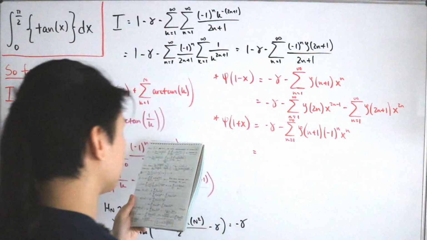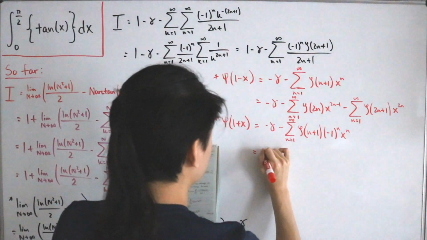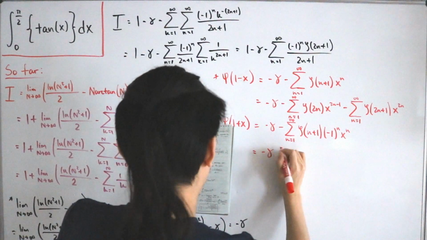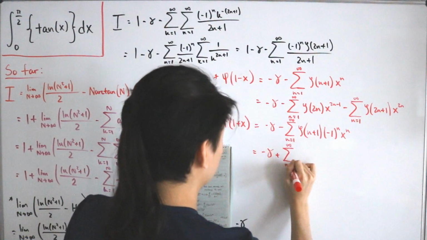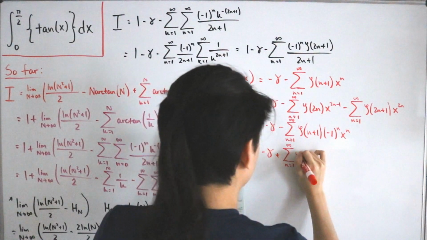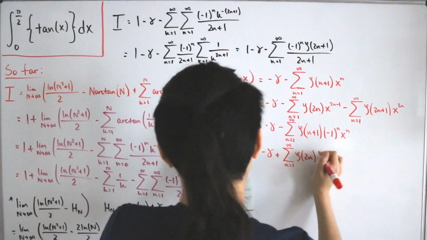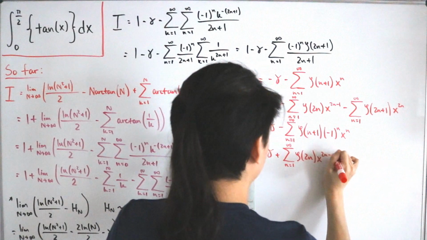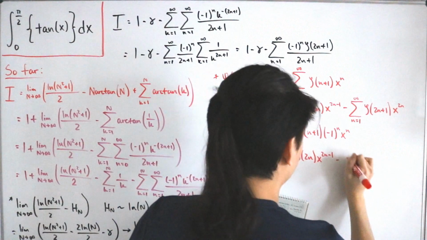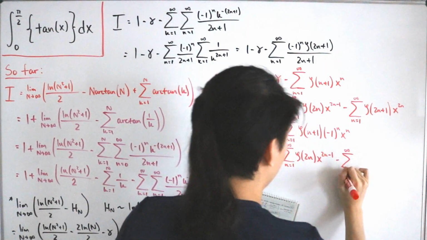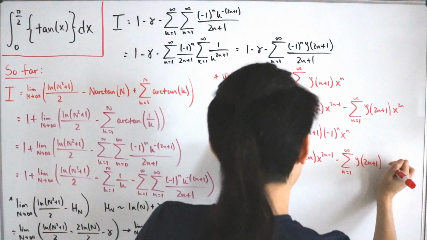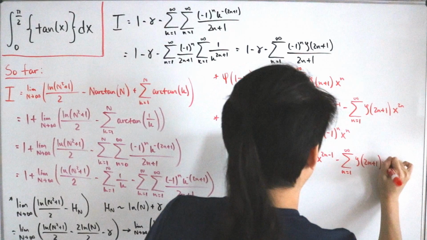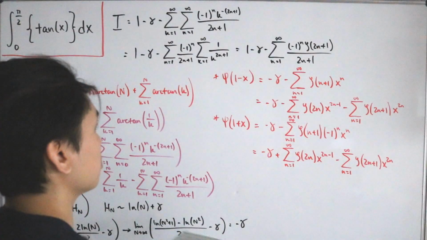Doing the same thing in a similar fashion, now this is negative lowercase gamma, and this is going to be a plus: the infinite sum at n equals 1 of the Riemann zeta of 2n, multiplied by x to the power 2n minus 1, and then subtract the infinite sum at n equals 1 of the Riemann zeta of 2n plus 1, multiplied by x to the power 2n. Okay, so that's all good.